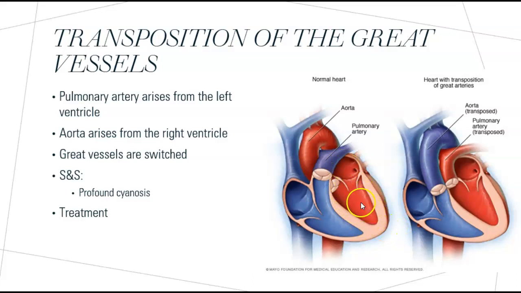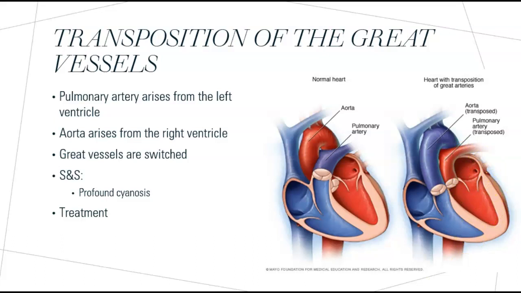And then normal left ventricle flows into the aorta with oxygenated blood, but in this transposition, the left ventricle is attached to the pulmonary artery, so this oxygenated blood is going back to the lungs to get oxygenated, which it's already oxygenated, so it's kind of a useless circle.